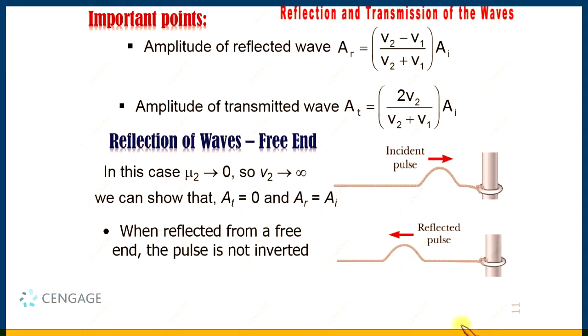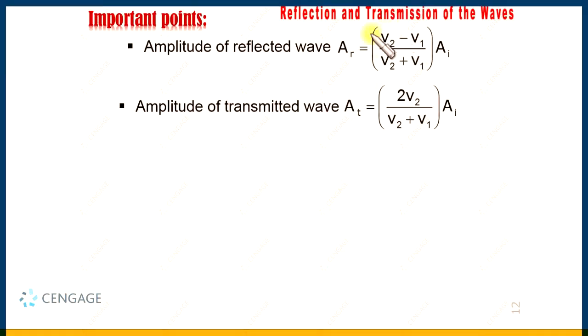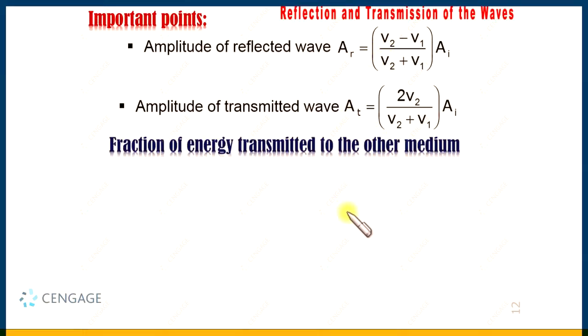Now consider one very important thing: what fraction of energy is transmitted to the other medium. So these are the amplitudes of the reflected and transmitted wave, and now we are calculating the fraction of energy transmitted to the other medium. We know the intensity of the wave I is directly proportional to the amplitude square, right?